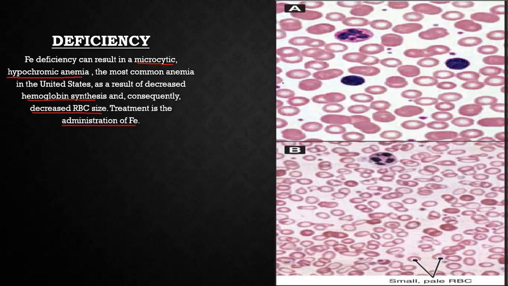Here you can see normal red blood cells, and you can see how large they are, their mean corpuscular volume. But here you can see that these cells are small, so microcytic, and they are pale because they don't have enough hemoglobin, hypochromic. So this is normal, and this is a patient suffering from microcytic hypochromic anemia.